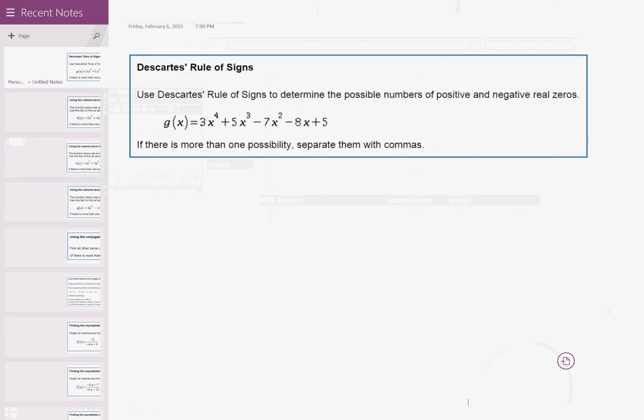We want to use Descartes' rule of signs, so it'd be great if we knew what that said.